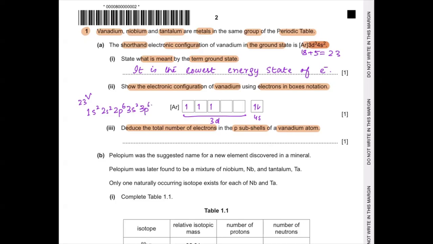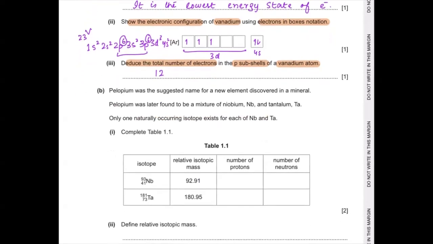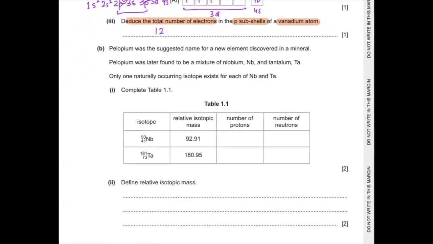After 3p6, we have 3d3 and 4s2. So if you see 6 electrons over here and 6 electrons over here, these are the electrons of the p subshell. So 6 plus 6 makes it 12. There are 12 electrons in the p subshell. I hope it's understandable to all of you. Now, next part.